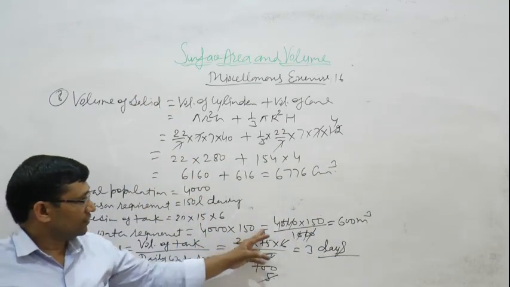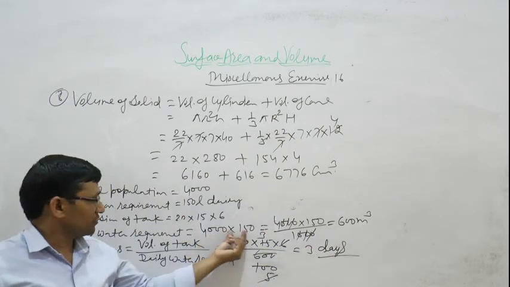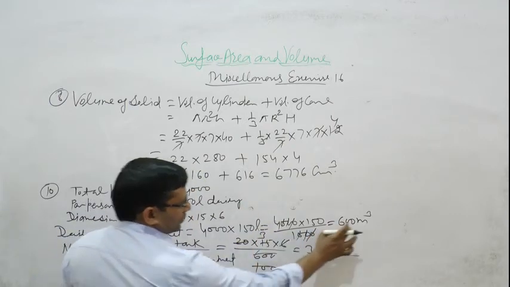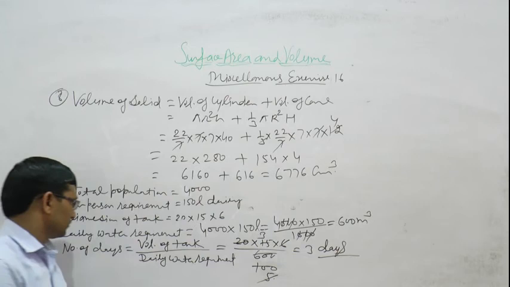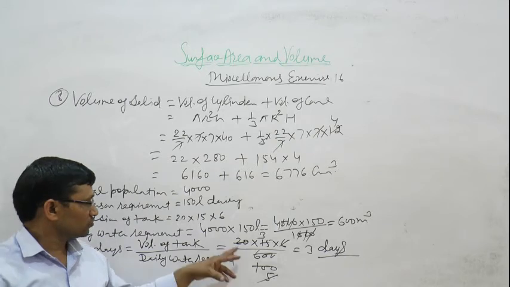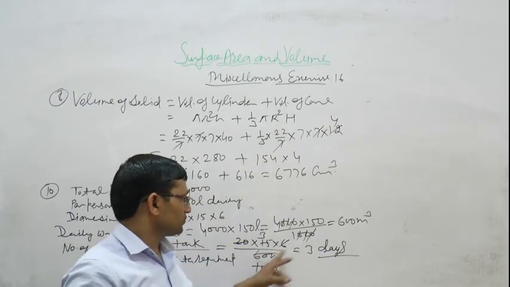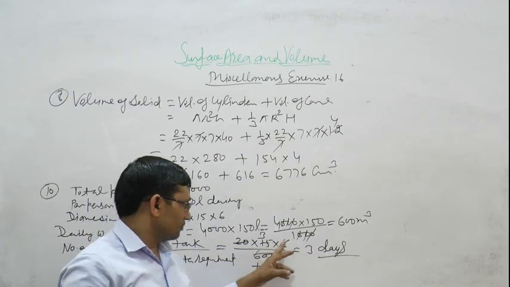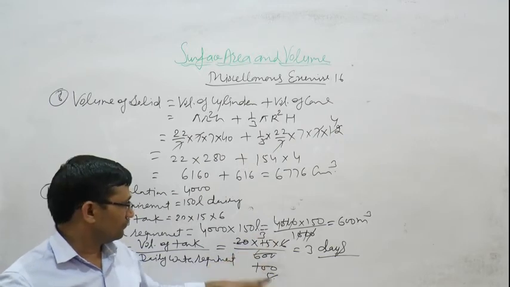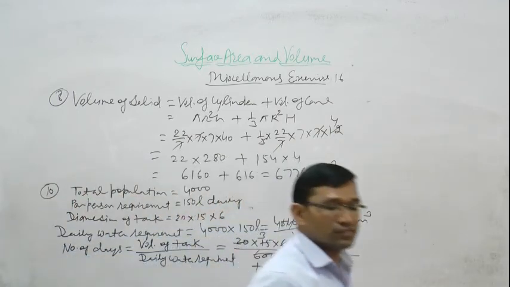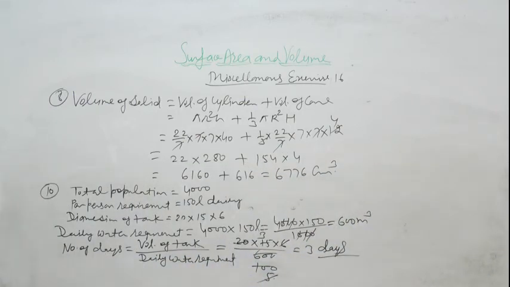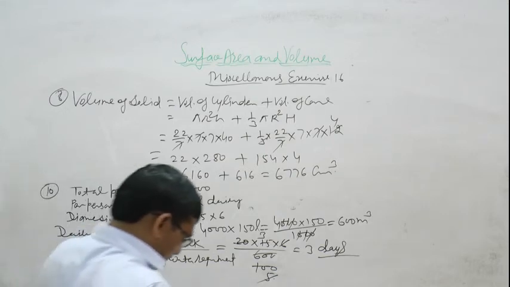We change liter into meter cube, so we divide by 1000. Number of days is equal to volume of tank divided by daily water requirement. So 20 multiply 15 multiply 6 upon 600. By cancelling things we get 100. Then 25 ja 100 and 5 3 ja 15. So number of days are 3 days. So this is the question number 10.